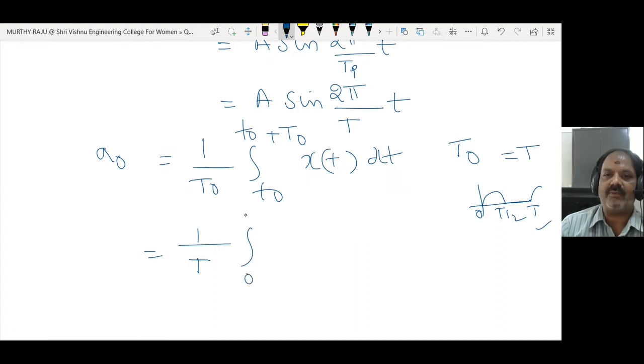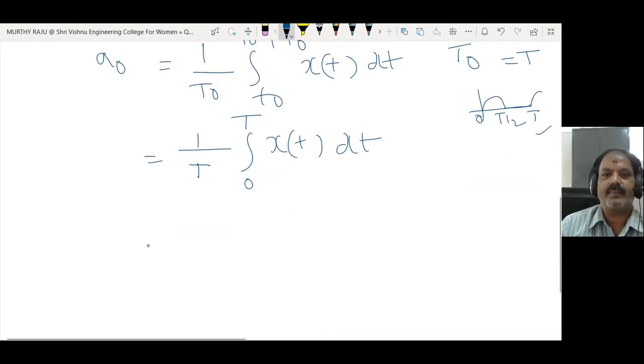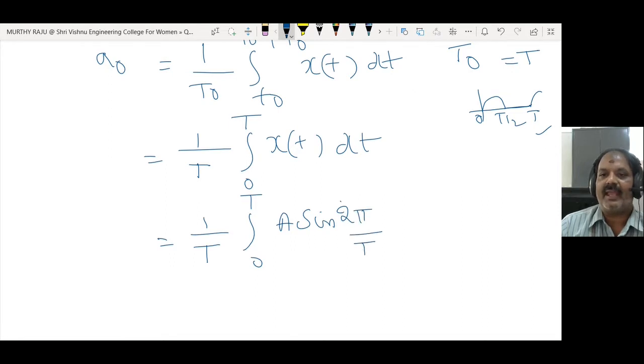So 0 plus T naught value is capital T, x of t dt. Here x of t is equal to A sine 2 pi by capital T into small t. That is 1 by T integral 0 to T of A sine 2 pi by capital T into t dt.